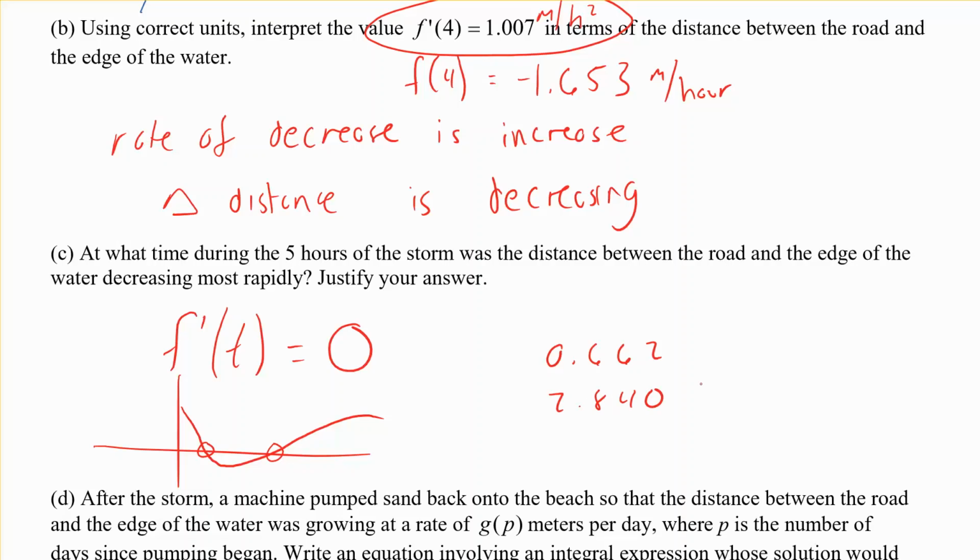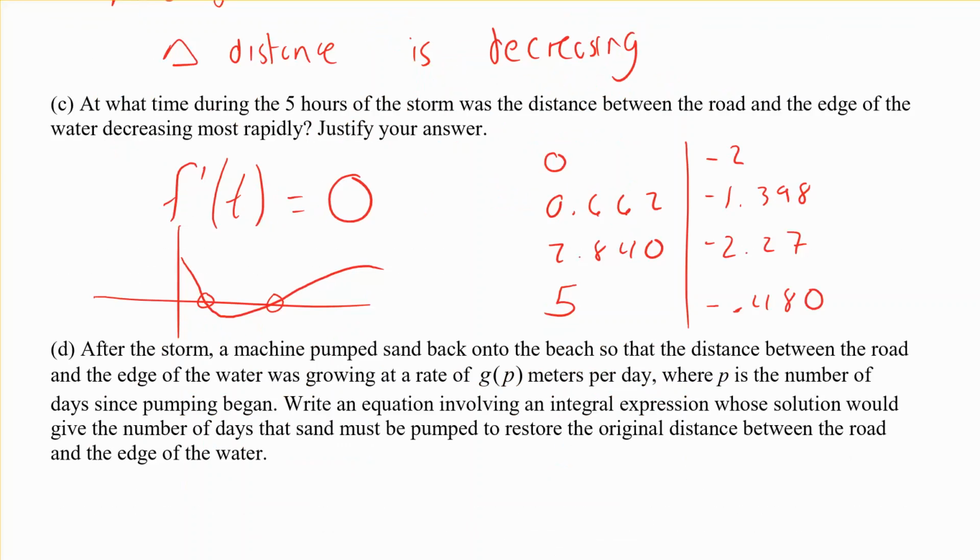So we always need to check the endpoints. So we need to check 0, and we need to check 5 to see if those have a higher rate than either one of our zeros. As I put those in and check them in the function, just using my table, I get the rates of -2, -1.3, -2.2, and -0.48.